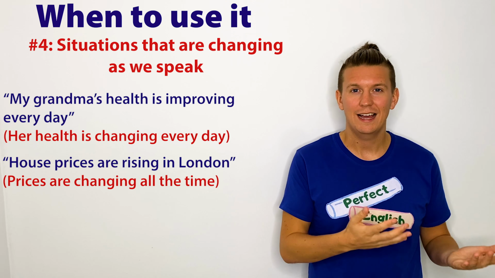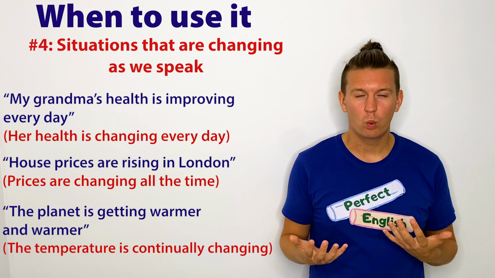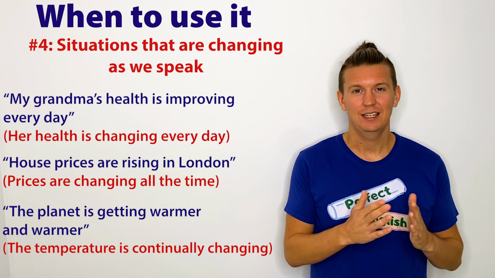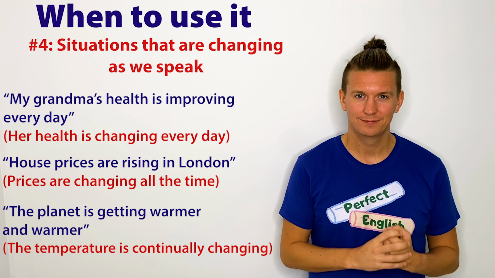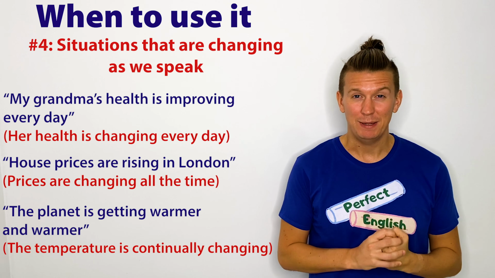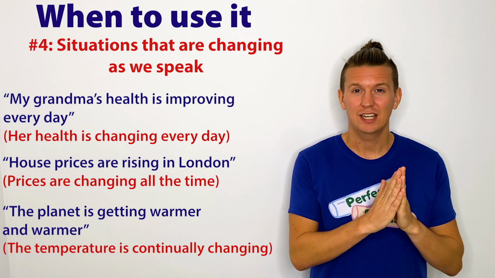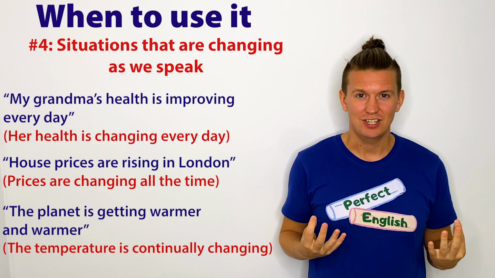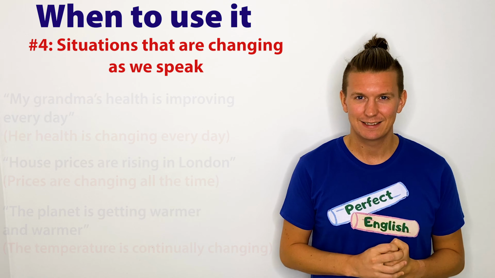They are rising. The planet is getting warmer and warmer each year. Continuing change. It's getting warmer and warmer. All of these sentences speak about situations that are changing all the time. They are continuously changing. And that's why we use the present continuous tense.